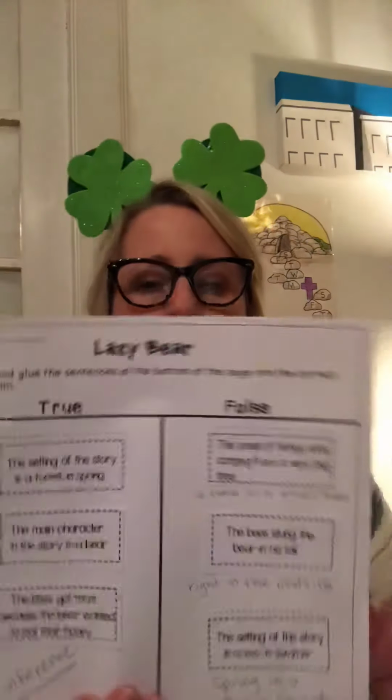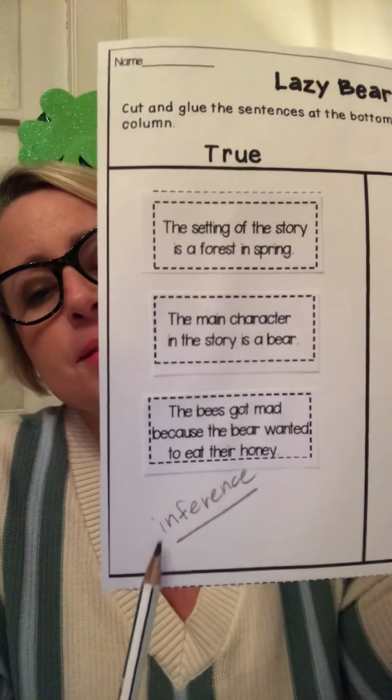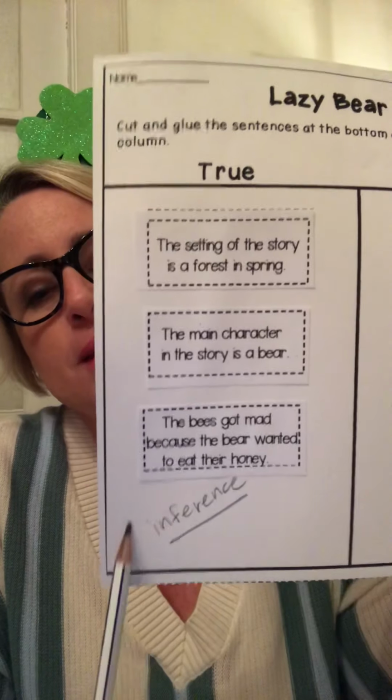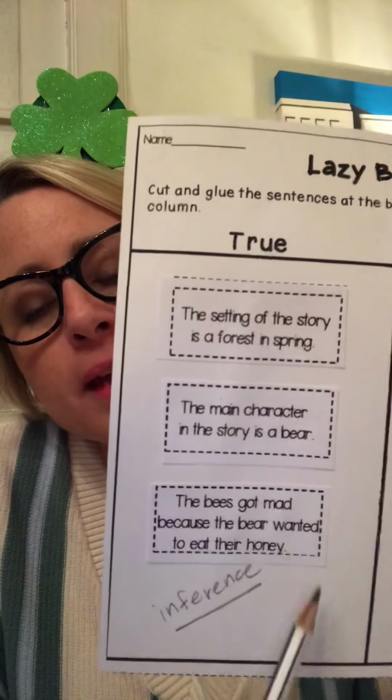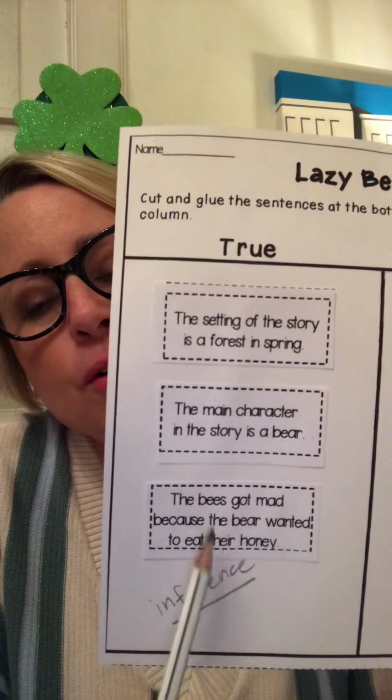And then the second page to that was the true and false. One of these we've talked about in the past, and this was inferencing. You're making an inference about this one. I don't know if that one was a little bit tricky or not, and I'll read it to you. The bees got mad because the bear wanted to eat their honey.